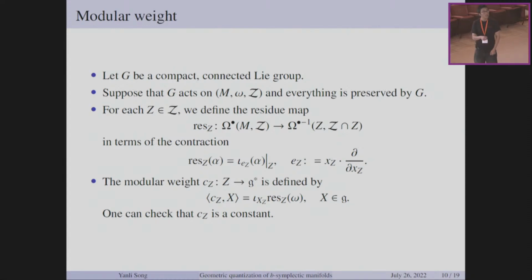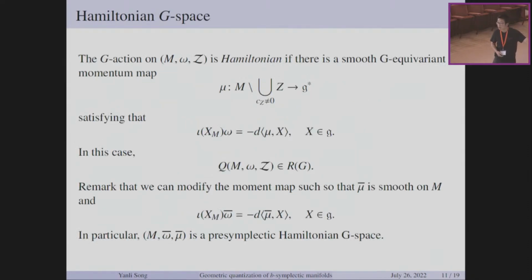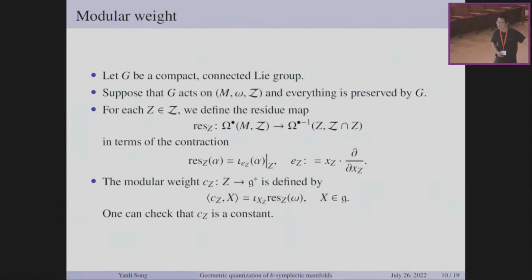So for every hypersurface Z, I can associate a weight, because c_Z, although it is a map from Z to the dual of the Lie algebra, turns out to be a constant. It's a modular vector field. Yes, thank you. Of course, you know this better than I do.